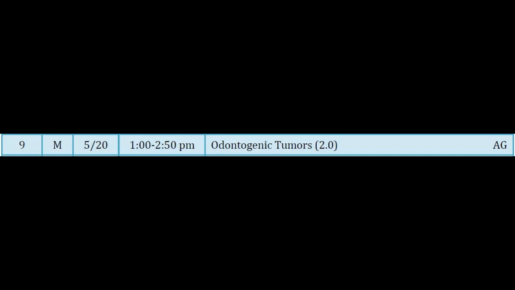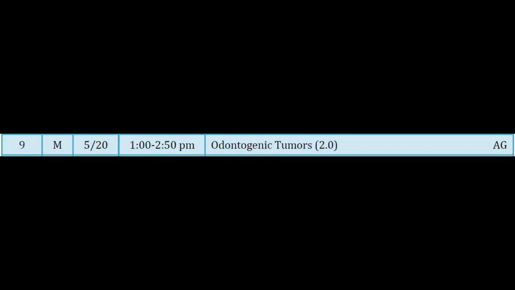Okay, how about this one here? Is it radiolucent, radiopaque, or mixed? Radiolucent. Is it unilocular or multilocular? Unilocular. Where is the location of this radiolucency? Interradicular. So it's between the roots of the teeth, right? Which two teeth is it seen between? Canine and first premolar.